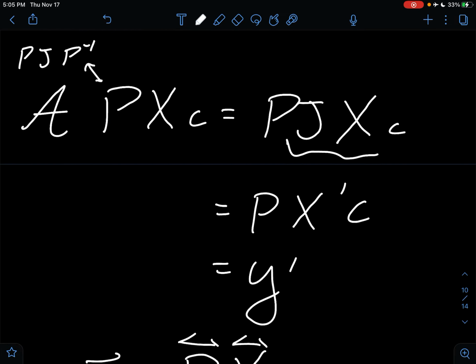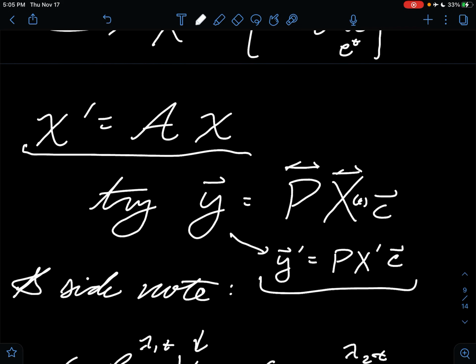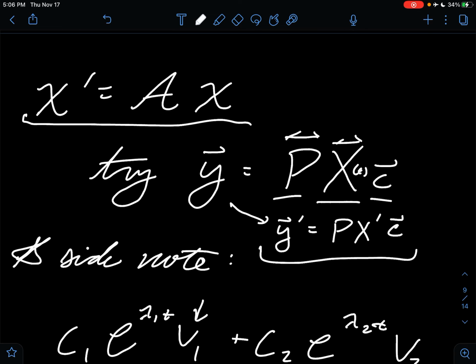All right, so where were we? We're trying y equals this, and we're seeing what happens. Because we know what each of these is, let's take its derivative. Y prime is equal to P X prime c.